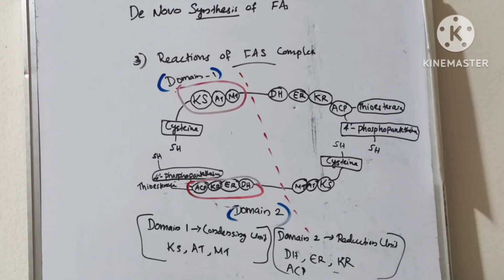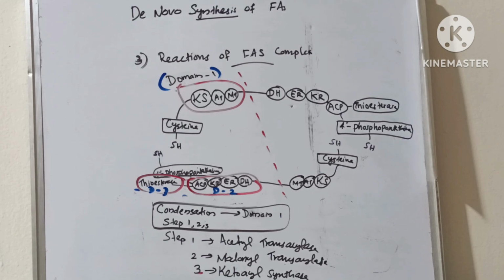Domain 1 is known as condensing unit and it consists of 3 enzymes: ketoacyl synthase, acetyl transacylase and malonyl transacylase. Domain 2 is reduction unit. It has also 3 enzymes and 1 acyl carrier protein. The 3 enzymes are dehydratase, enoyl reductase and ketoacyl reductase. Then domain 3, which is the releasing unit, consists of enzyme thioesterase.